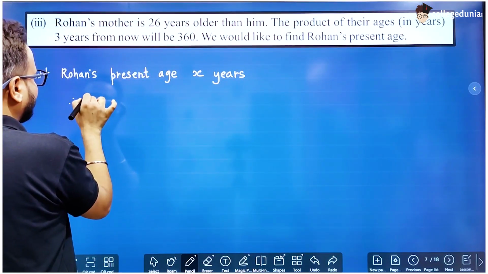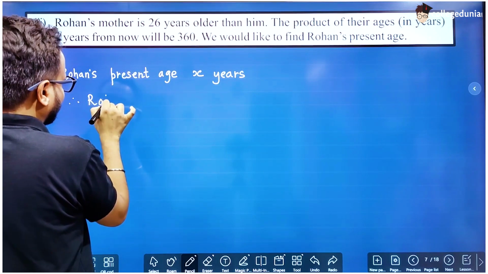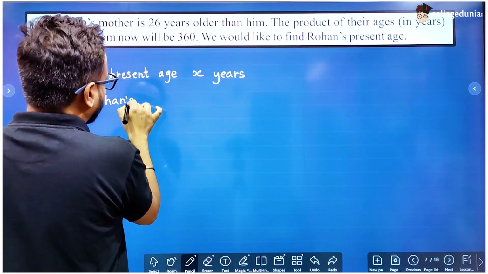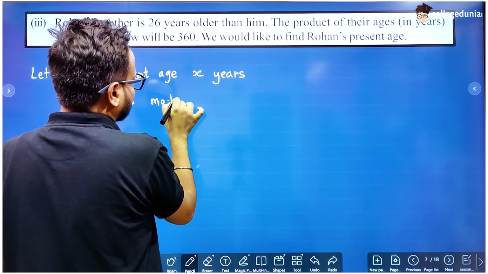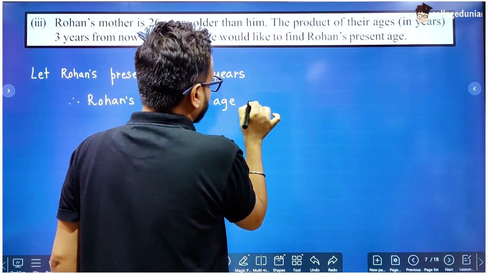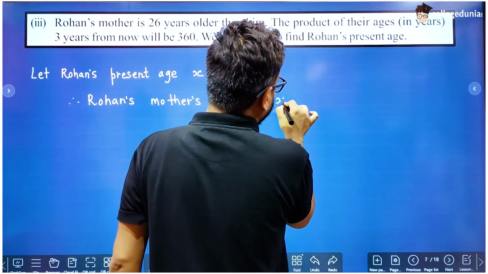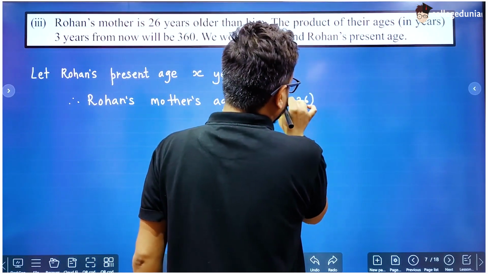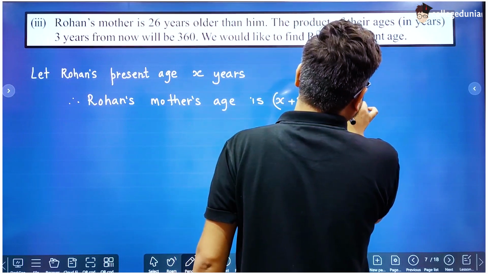So therefore Rohan's mother's age is x plus 26 years.